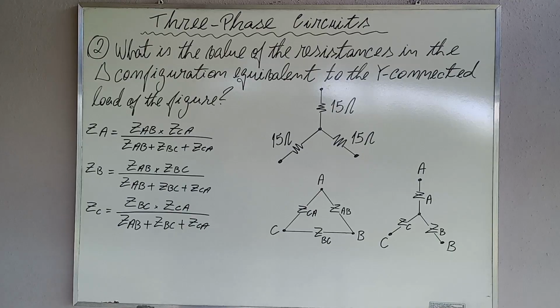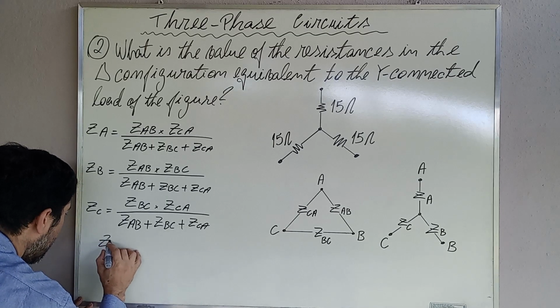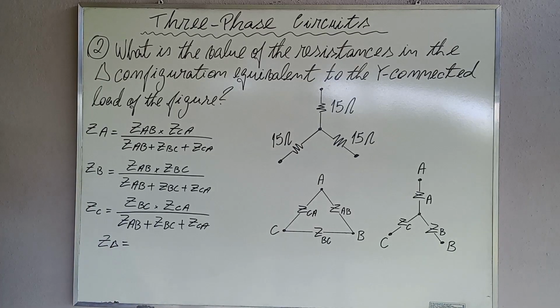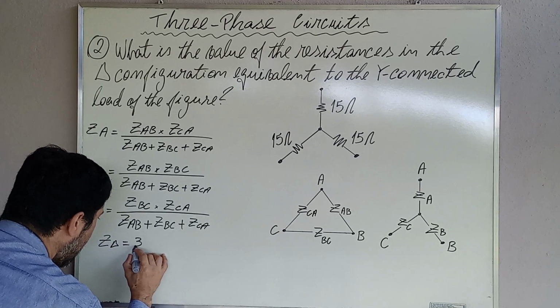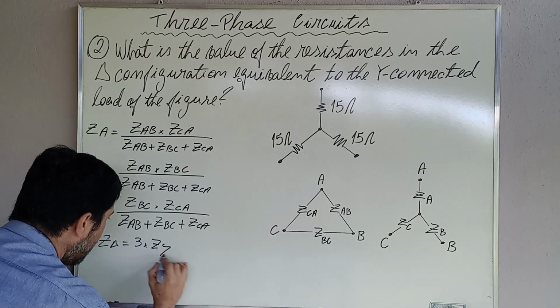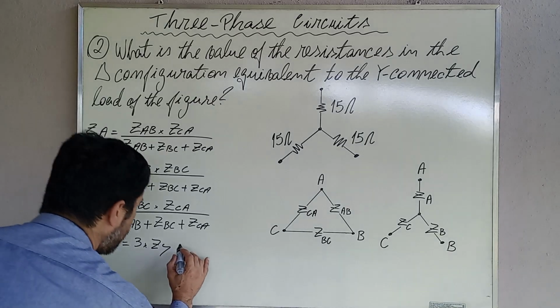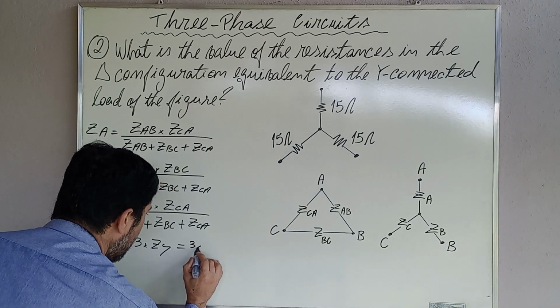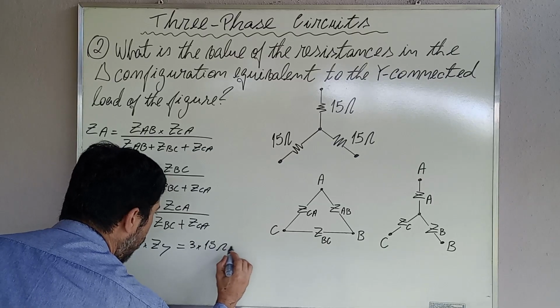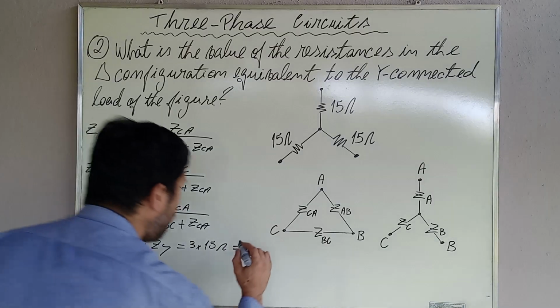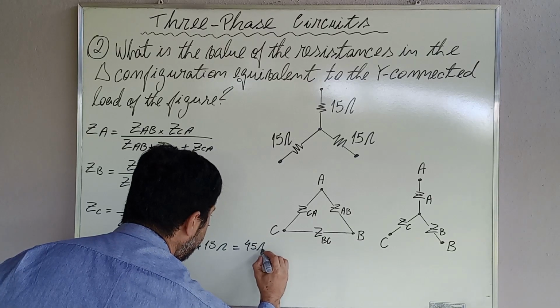Note now that if the load is perfectly balanced, the impedance of the delta configuration is equal to 3 times the impedance of the Y configuration. In this case, Z delta is equal to 3 times 15 ohms, which is equal to 45 ohms.